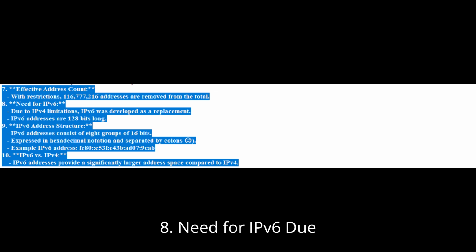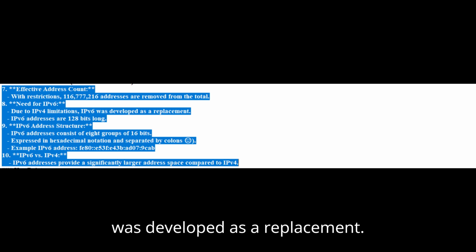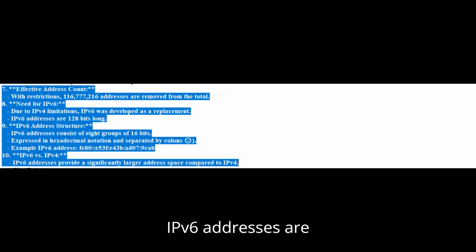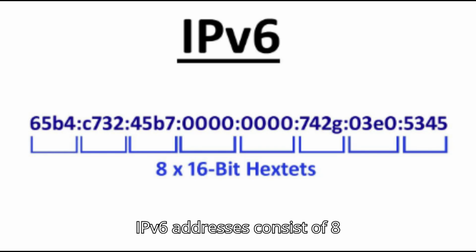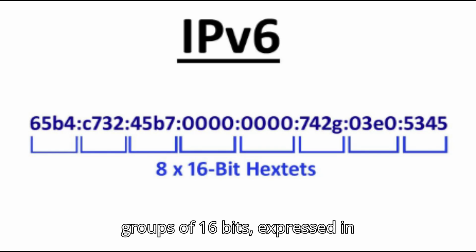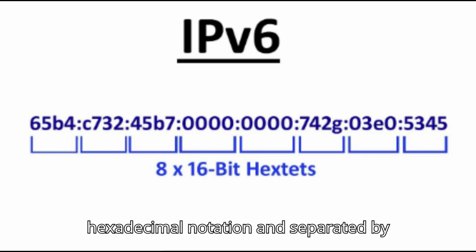8. Need for IPv6. Due to IPv4 limitations, IPv6 was developed as a replacement. IPv6 addresses are 128 bits long. 9. IPv6 address structure. IPv6 addresses consist of 8 groups of 16 bits, expressed in hexadecimal notation and separated by colons.